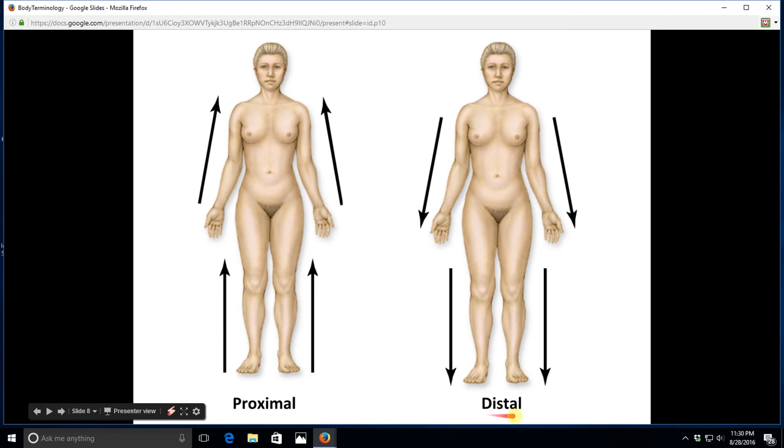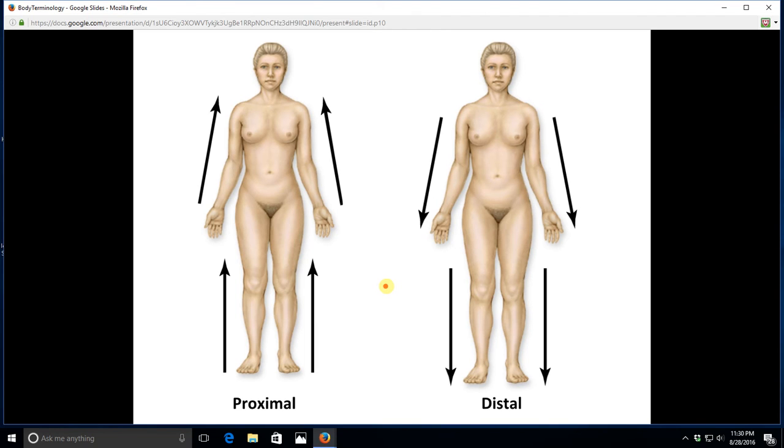If it's farther from the attachment point, it is distal. Okay, for example, the elbow is proximal to the wrist, meaning the elbow is closer to the attachment than the wrist is. Flip that around. The wrist is distal to the elbow, meaning the wrist is farther from the attachment point.